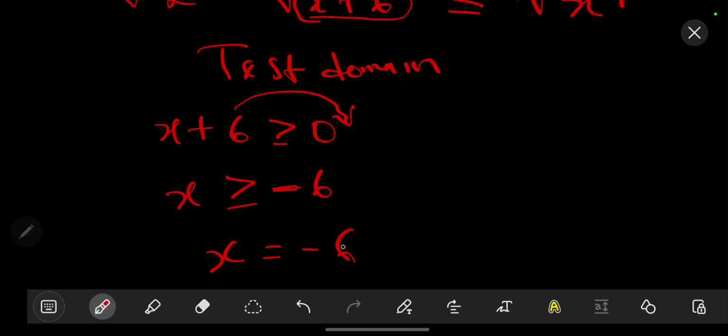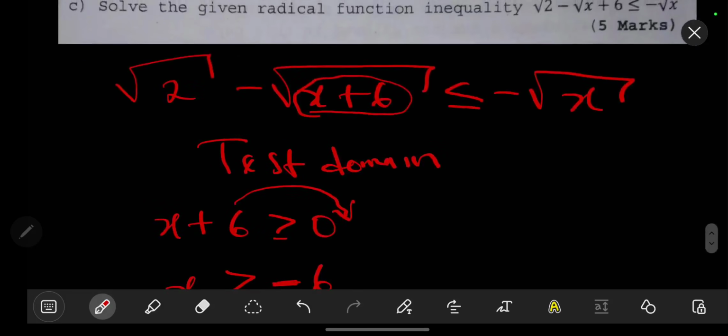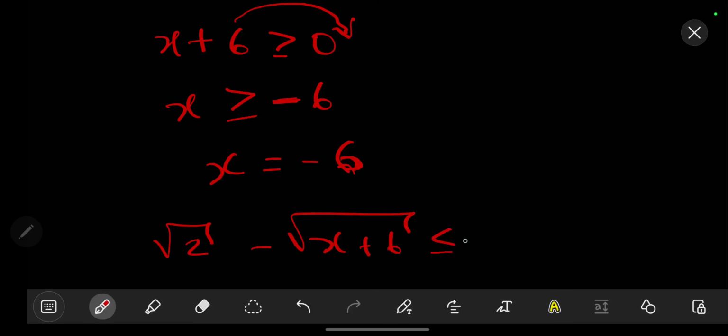Since we are saying that x should be greater than or equal to negative 6, it means negative 6 can be used. So you put negative 6 there. For the equation, we have the square root of 2 minus the square root of x plus 6, less than or equal to negative the root of x.